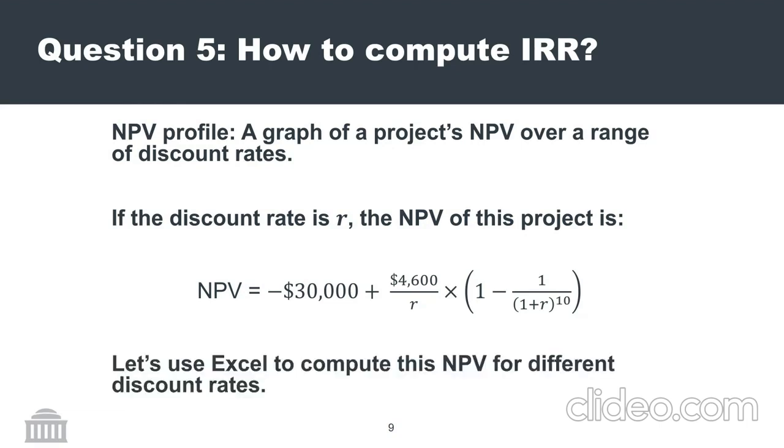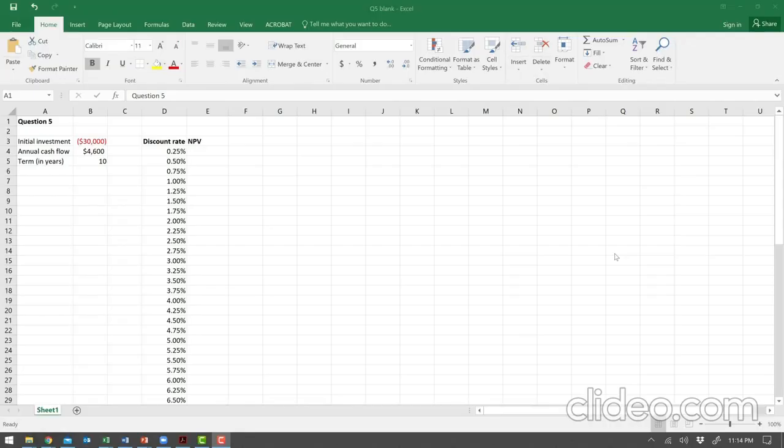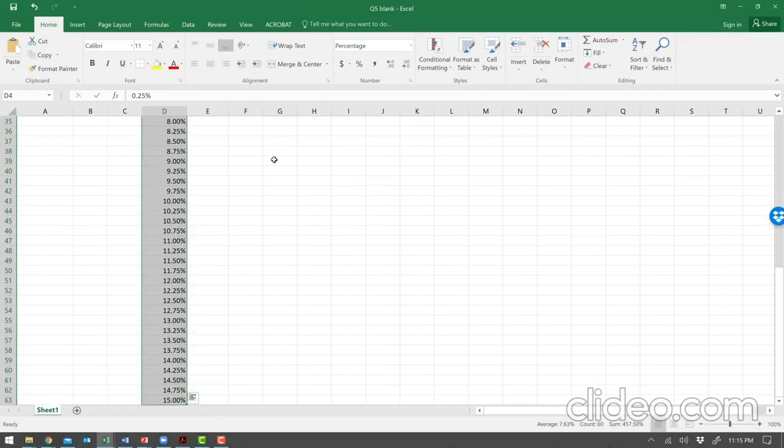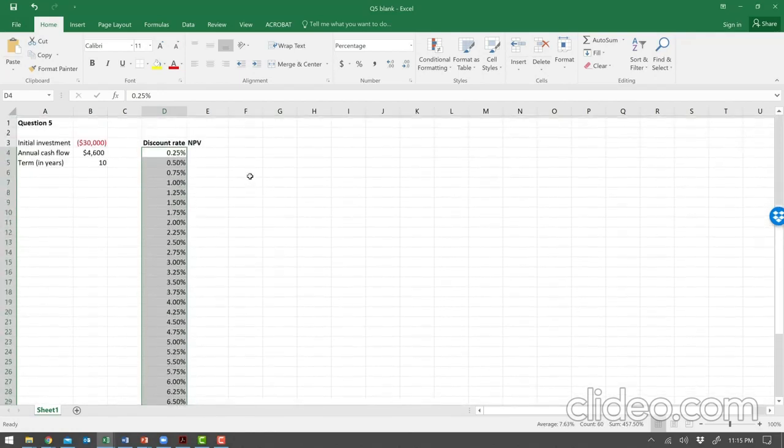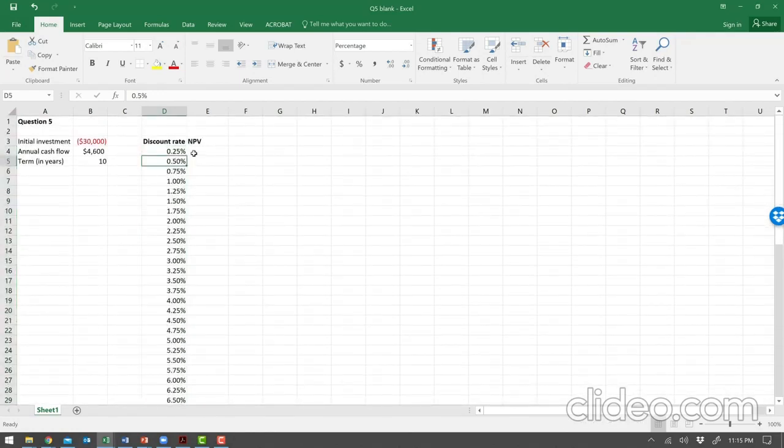Now, let's use Excel to compute this NPV for a range of discount rates R. In the spreadsheet, I have built an array of discount rates starting from 0.25% all the way to 15%, with increments of 0.25%. Now, for each of these discount rates, I will compute the net present value of our project.